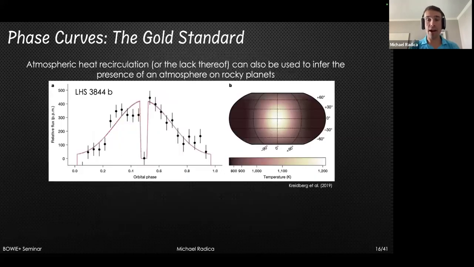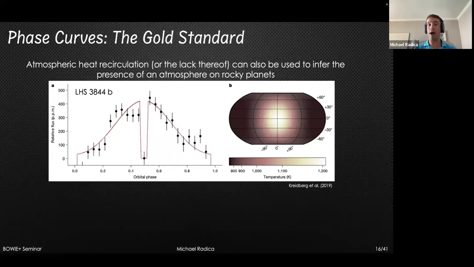Now, I also want to add a note for completeness that phase curves can also be used to disentangle whether or not there's an atmosphere on potentially rocky planets. This is one of the first examples of this, from Laura Kreidberg's work on LHS 3844b, where with the phase curve, if there is an atmosphere, then we should expect some of that heat that's impinging on the day side to be recirculated to the night side of the planet.